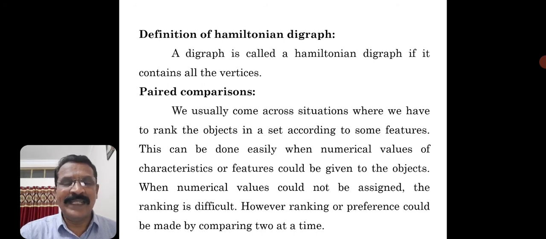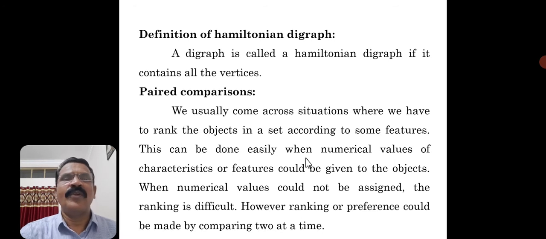This can be done easily when numerical values of the characteristics or features could be assigned to the objects. When numerical values could not be assigned, the ranking is difficult. However, ranking or preference could be made by comparing two at a time.